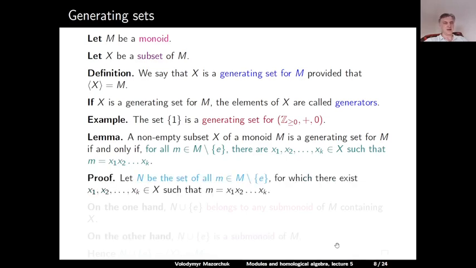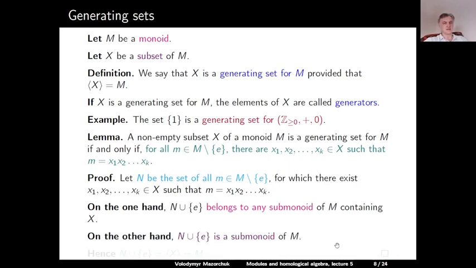We denote by N the set of all elements in M which can be written as products of elements in X, and consider the union of N with the identity element. On the one hand, it belongs to any submonoid containing X. On the other hand, it is a submonoid. And so X is a generating set if and only if N union with the identity coincides with M.